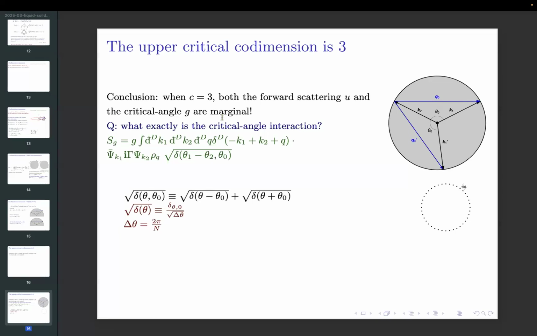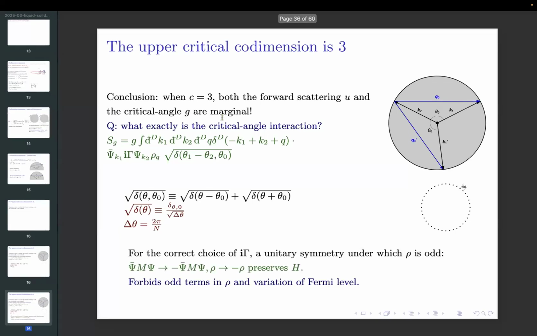And the constraint is actually not a delta function, it's the square root of a delta function. What I mean by a square root of a delta function is: divide up the Fermi surface into points of separation d theta, and the square root of a delta function just means a Kronecker delta over the square root of the distance.